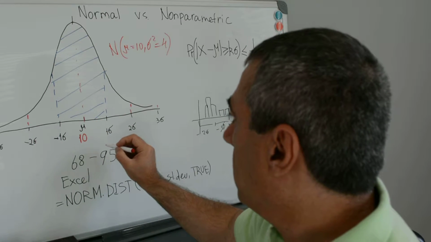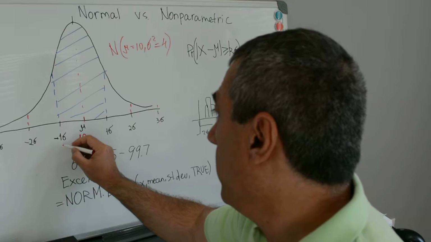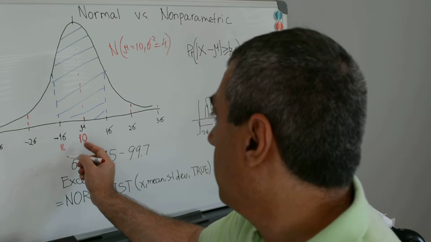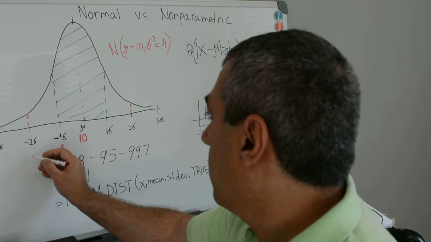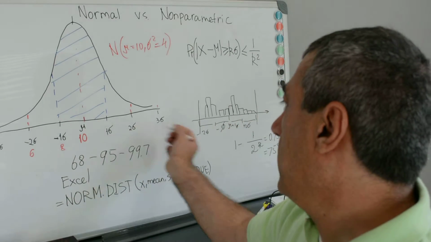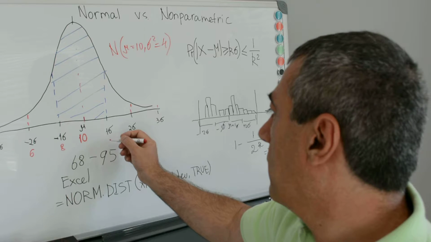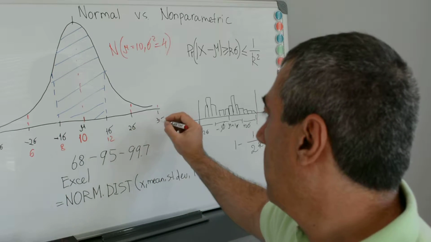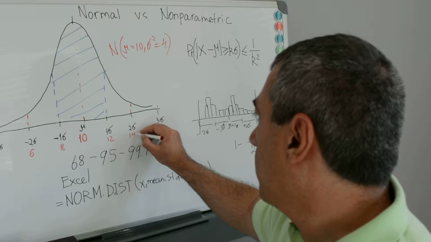So -1 standard deviation is 10 minus 2, 8; -2 standard deviations, 10 minus 4, is 6. On the right side, +1 standard deviation is going to be 12, and +2 standard deviations is 14.